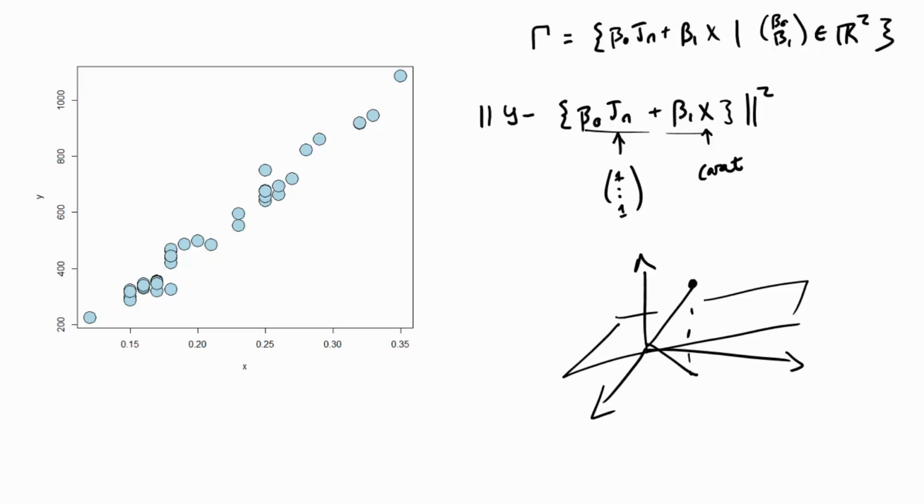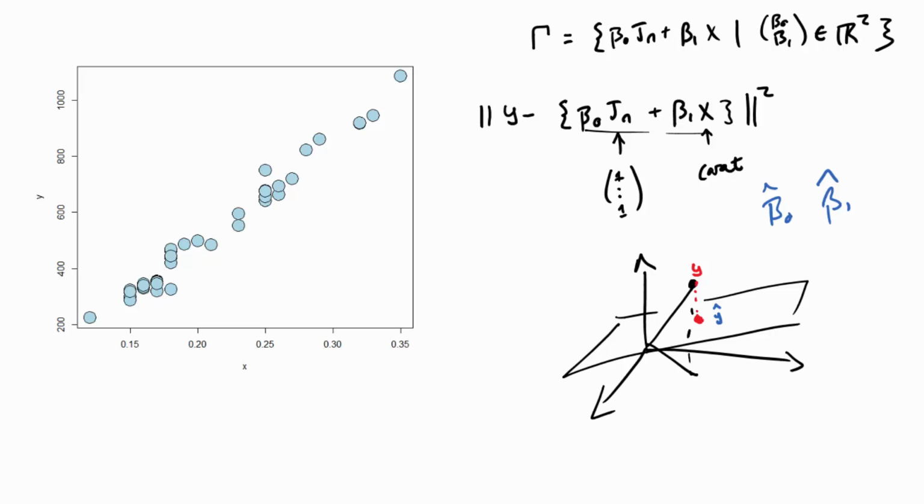So what we're trying to do is, given our outcome y, which is right here, we want to project it onto this two-dimensional plane and find the point, let's call that y hat, that lives in that two-dimensional plane that is closest to the observed data y. The specific values of beta that multiplied times jn and x to give us that point y hat, we'll call those beta naught hat and beta 1 hat. So in this lecture we're going to talk about how do you find beta naught hat and beta 1 hat.